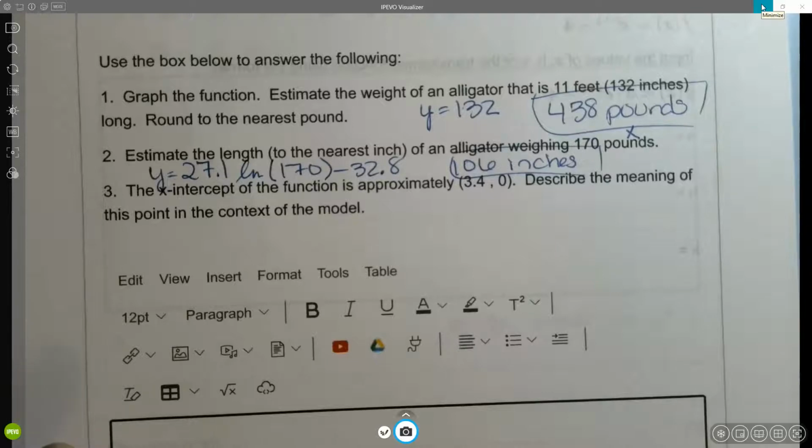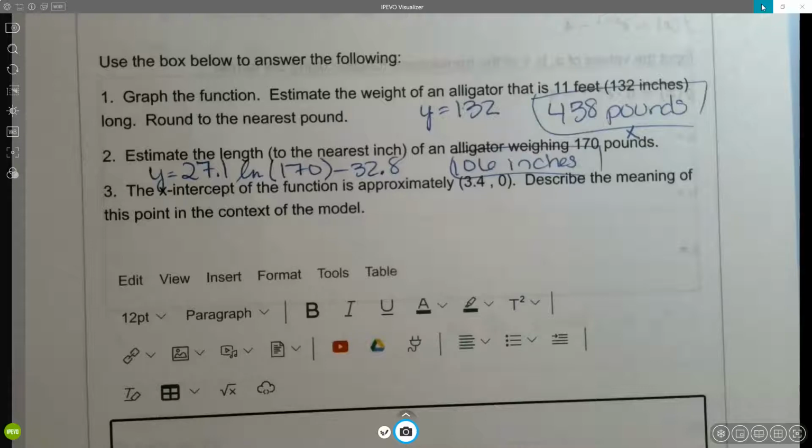Number 3 tells me the x-intercept of this function is approximately 3.40. Describe the meaning in the context of this model. So remember, x was our weight and y was our length.